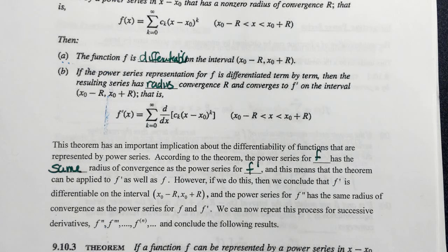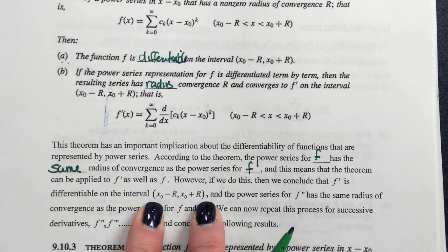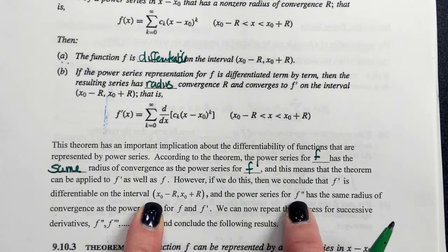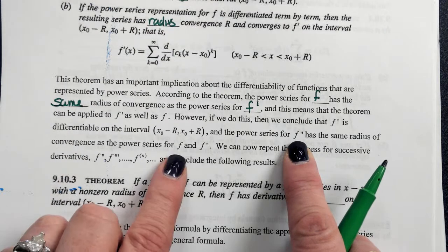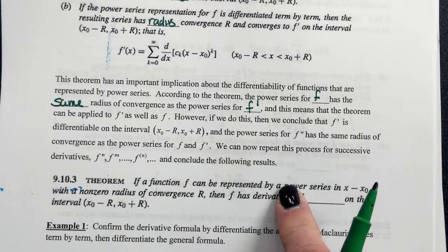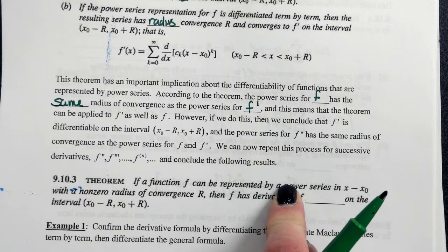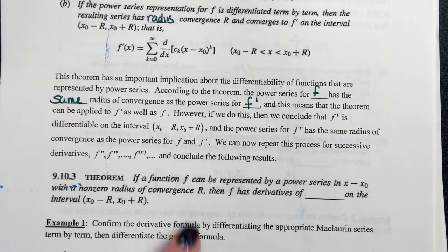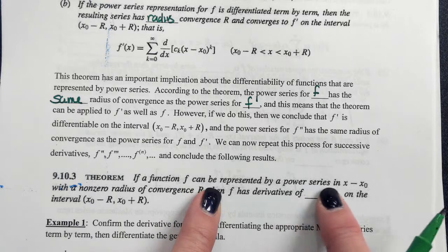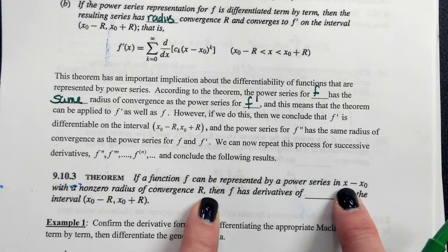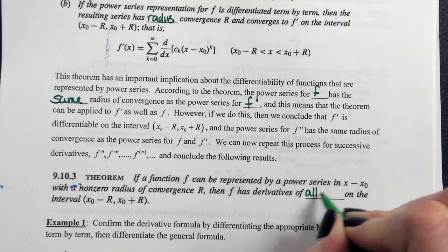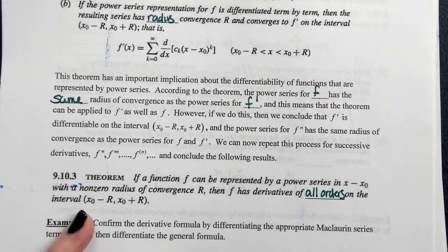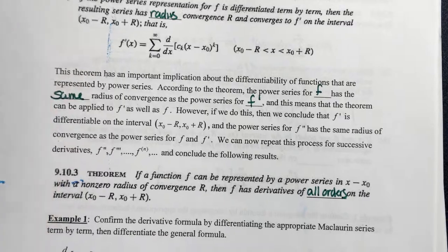And then if f prime is differentiable over this particular interval of convergence, the second derivative will also have the same interval of convergence as f and f prime, and for all your higher order derivatives as well. All right? So then if a function f can be represented by a power series with a non-zero radius of convergence, then f has derivatives of all orders on your interval of convergence.